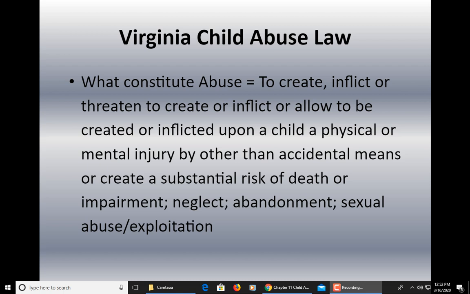So what is this law saying? It's pretty much an overview of what constitutes child abuse, but it's kind of like a catch-all statement for everything. We're going to go over each category of child abuse, and we're going to see how some things are so subjective that some aspects of abuse you may not find meet the criteria of the child abuse law here, while others you think are clear examples of child abuse.